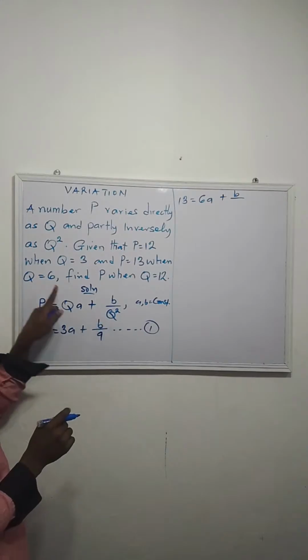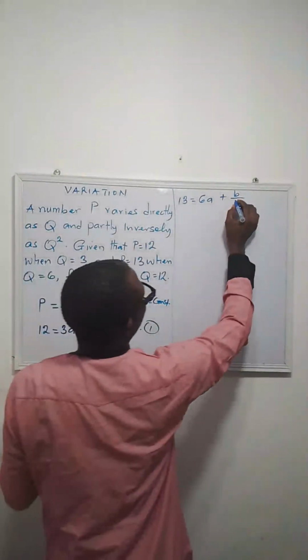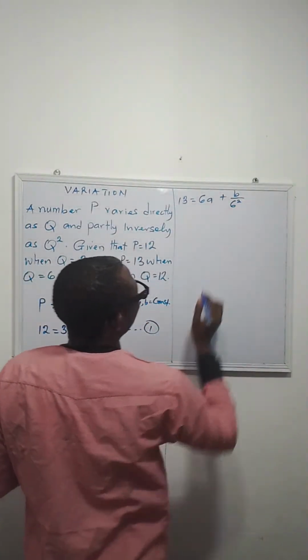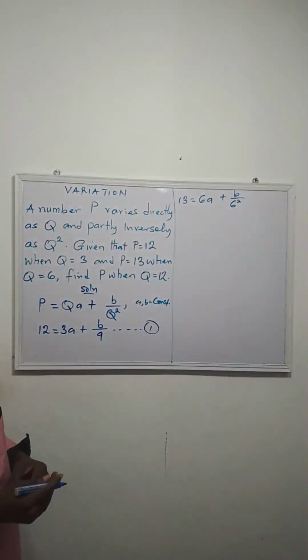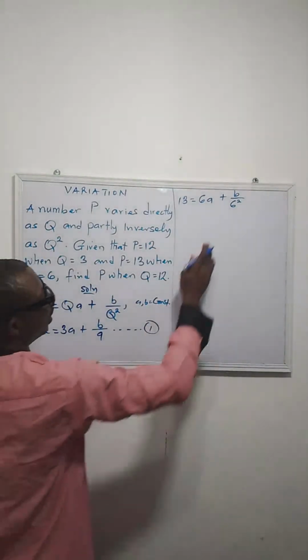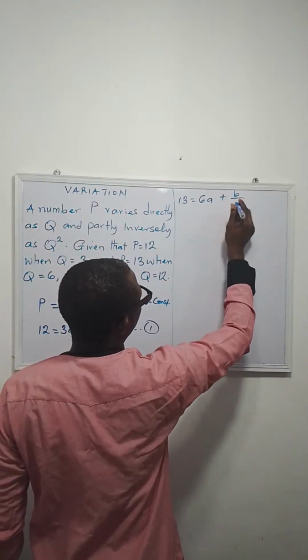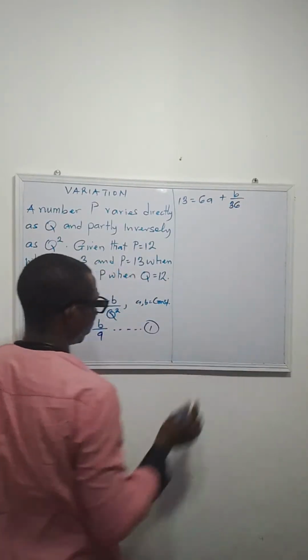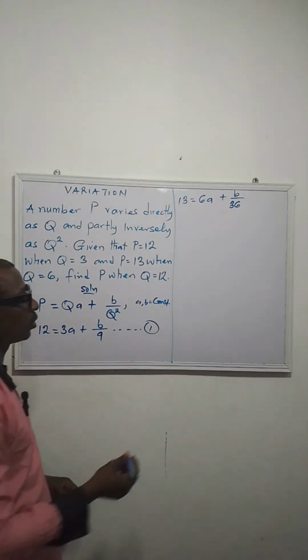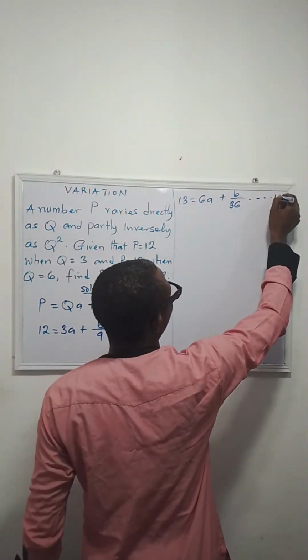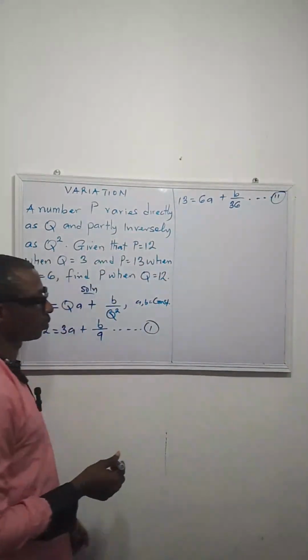And what is our Q? 6. That's going to be 6 squared. So 6 squared is the same thing as 36. 6 times 6 is 36. Okay, so we call this equation 2.